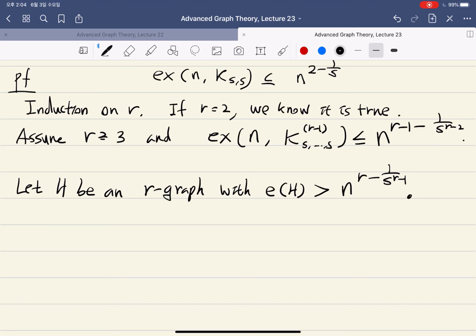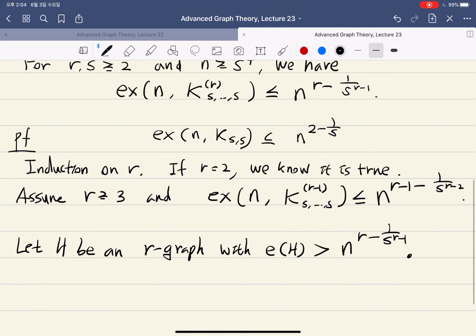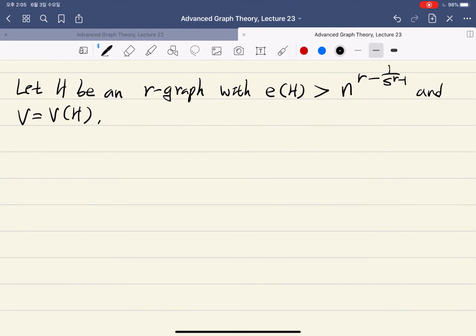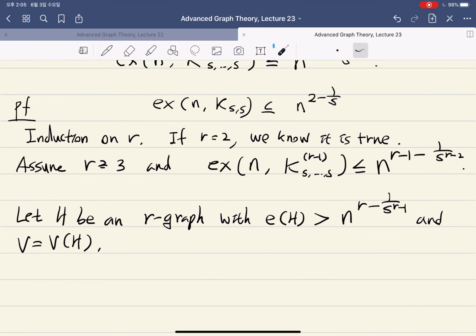And we want to prove that this H contains a copy of this complete r-partite r-uniform hypergraph. Let V be the vertex set of H. So how we will do it is we want to reduce the problem to an (r minus 1)-uniform hypergraph somehow.